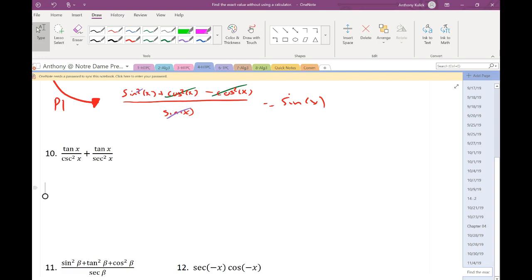It's algebraic. Where are you going to use P1? There's not a sine squared or a cosine squared or a 1 in there. My first step is algebraic. It's not a common denominator, although that's not a terrible idea.